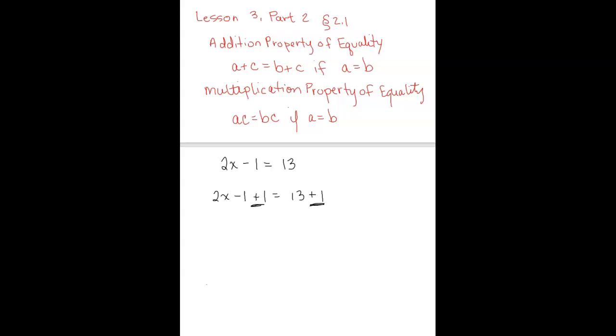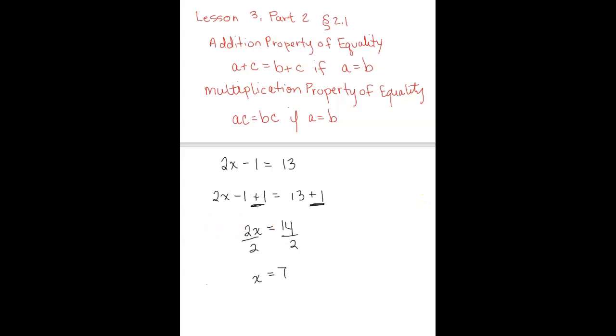I can't do one and not the other. So when I add this negative 1 and this positive 1 together, I'm going to wind up with 2x equals 14, and then divide both sides by 2, right? If I divide both sides by 2, I wind up with x equals 7.